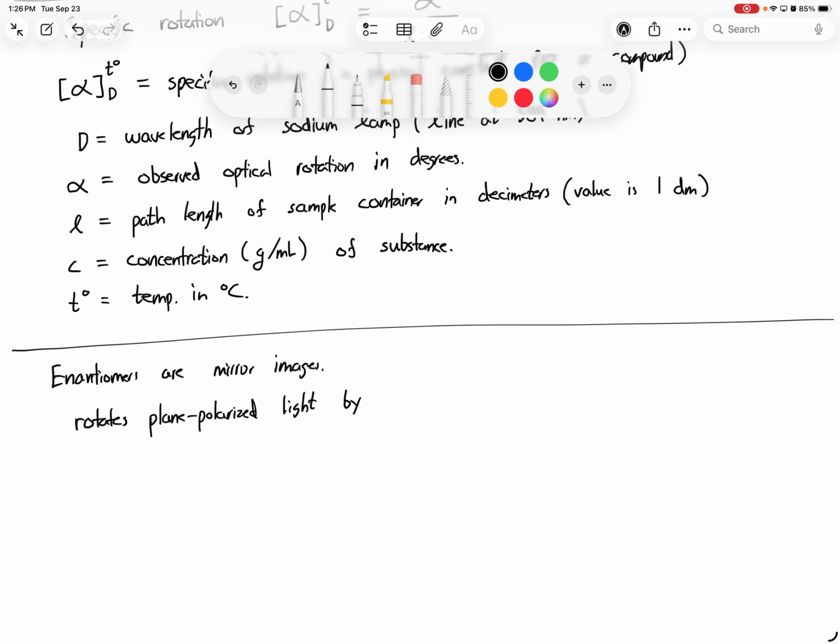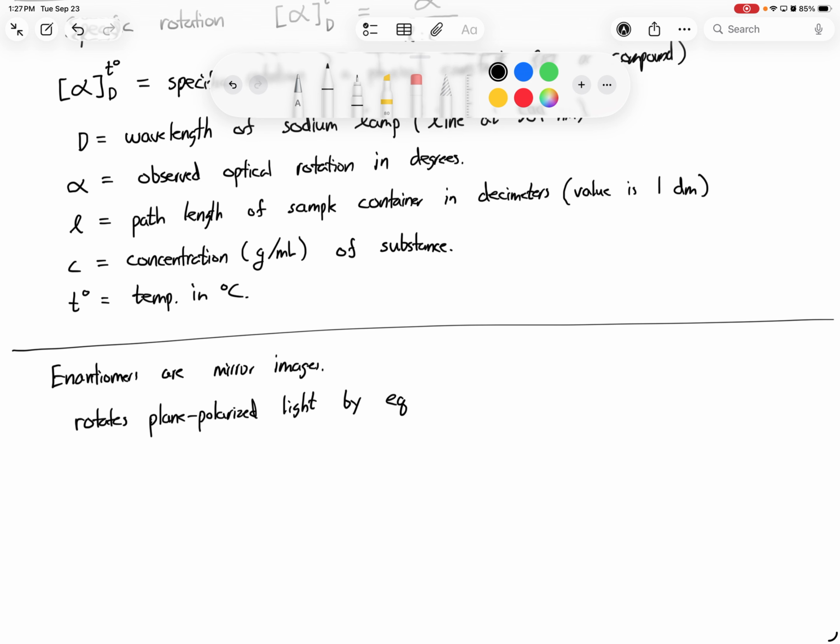If they're enantiomers, if they're mirror images, we expect them to rotate light the same amount, but what's the difference? Will they rotate it in the same direction? No. Opposite direction. Your mirror image is like the opposite view, right? It looks the same, but it's reflecting your opposite image. So equal amounts, but opposite directions, okay?